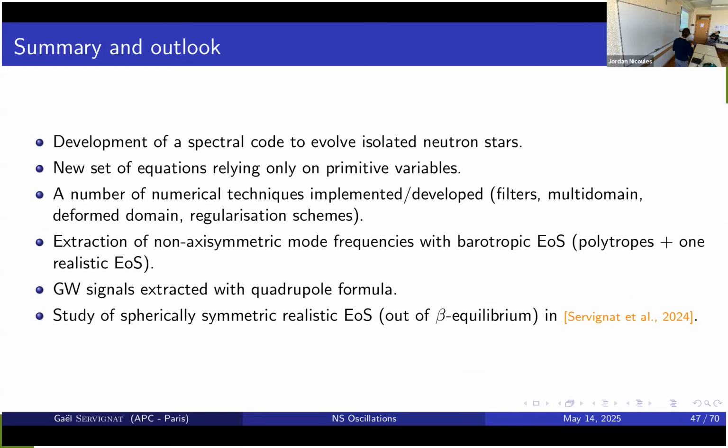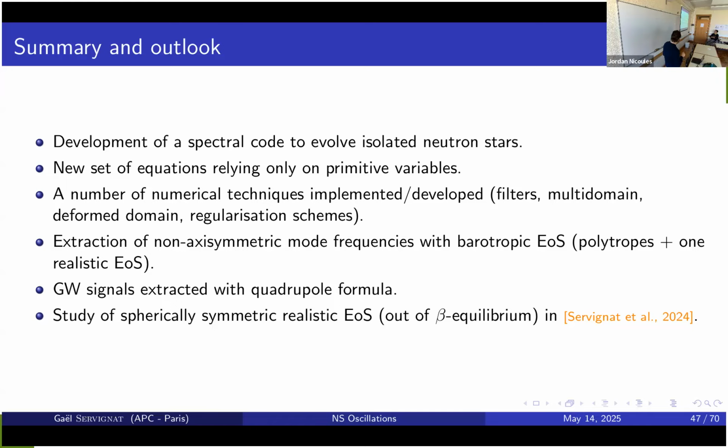The code is spectral and dedicated to evolving isolated, rigidly rotating neutron stars at this point. It's based on a set of equations that relies only on primitive variables, which is new. A number of numerical techniques have been implemented. This is all the struggle of the PhD inside there.